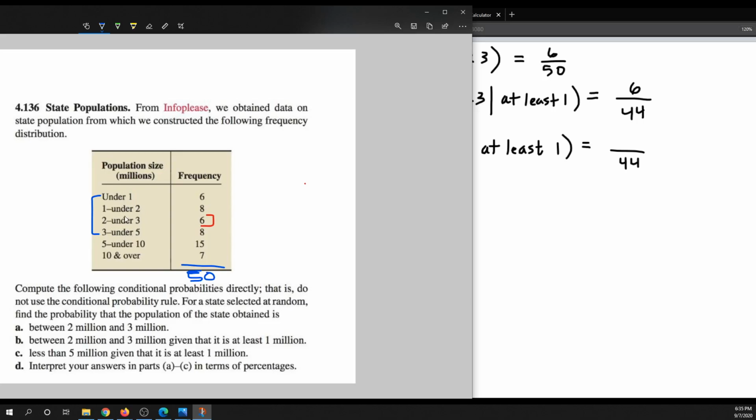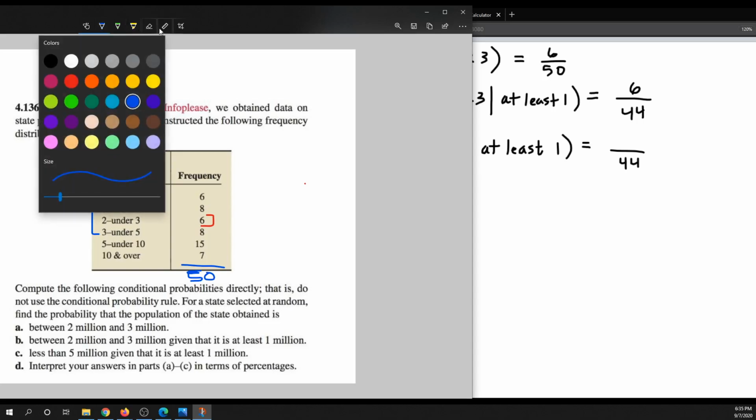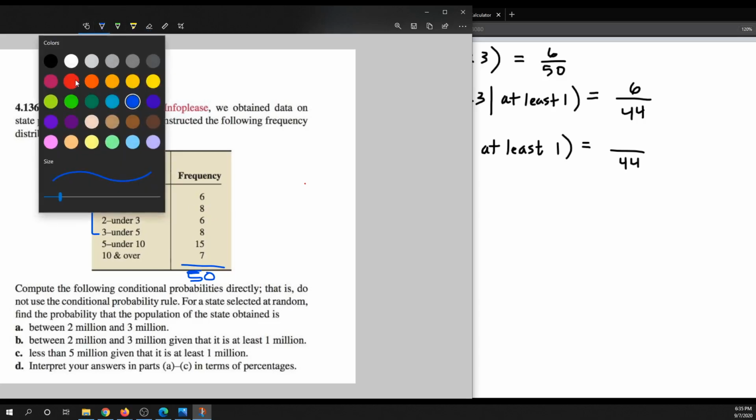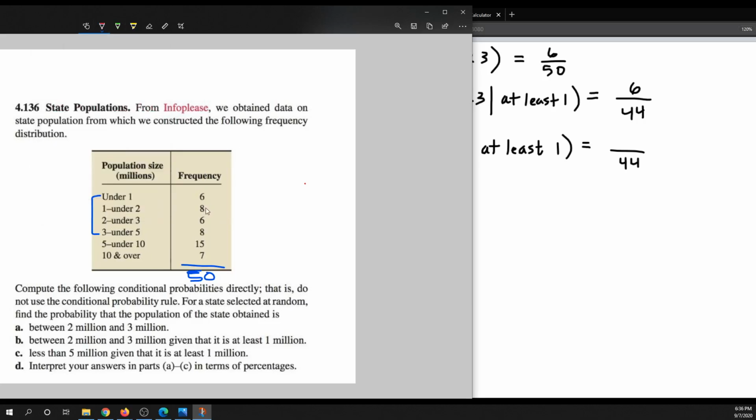So that would be the having less than 5, and I should have erased this and drawn this out as well. We're looking at states that have a population of at least 1, right? So that's now these states right here. Okay, so that's the bottom number, that's the 44 that we're looking at.